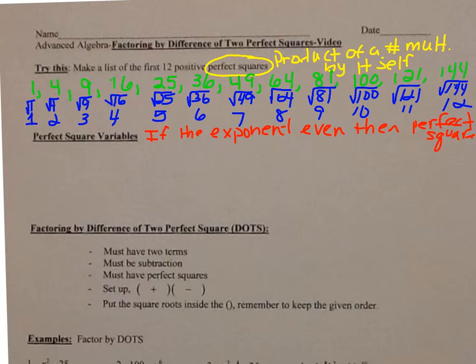So let's start with the smallest. We have x squared, or it could be y squared or z squared, a squared, b squared. That's a perfect square. Remember, it has to have an even exponent. My exponent is a 2.